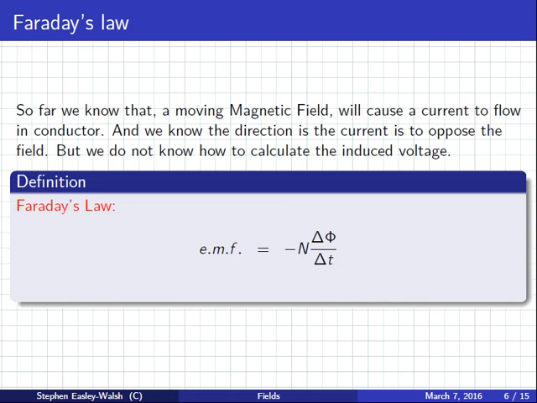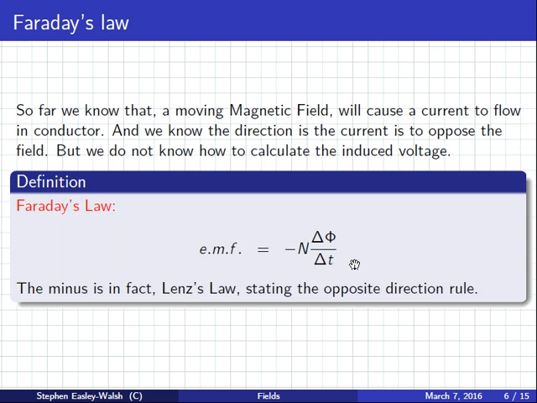The minus is to remind us that it will be opposite to the change in the magnet. The minus is in fact Lenz's law. I'll show you how to use this formula in a little bit.